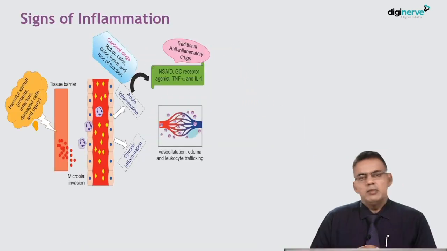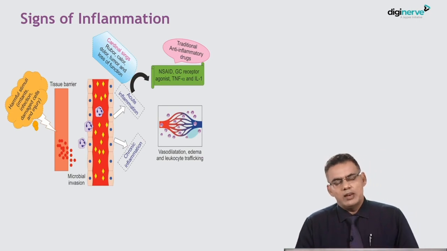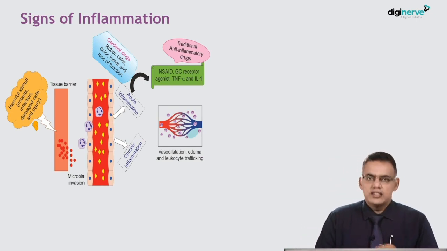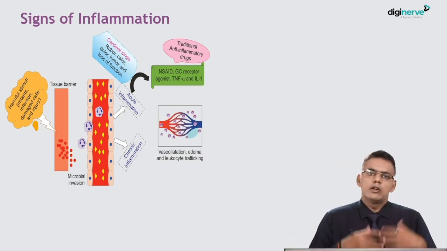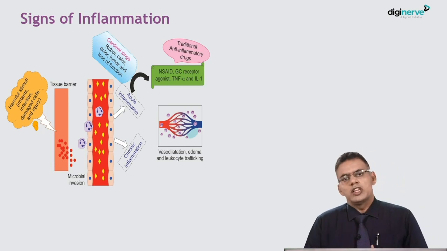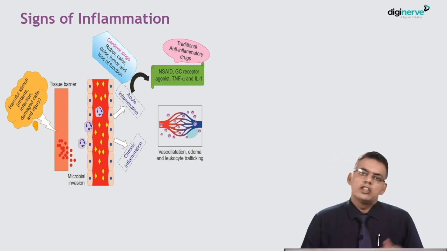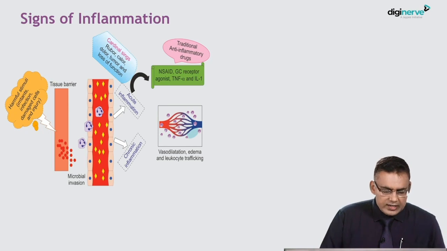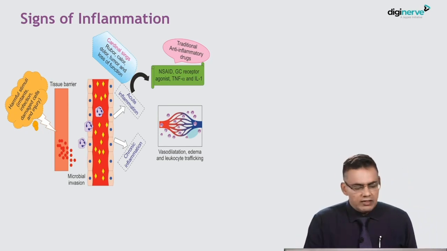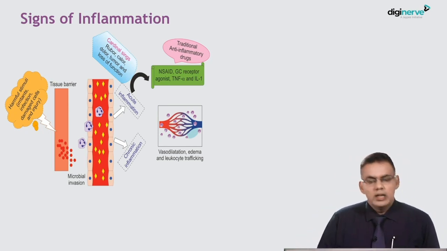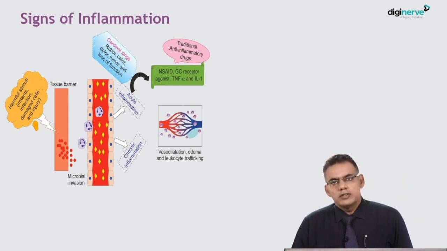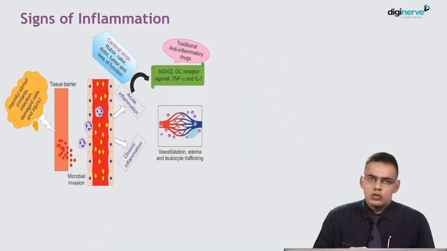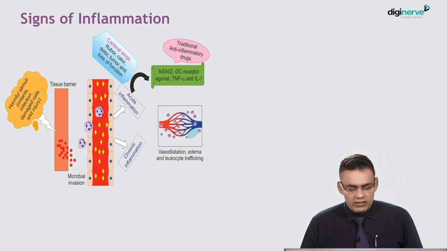In case of some infection which is able to cross this skin barrier, there is a cut, there is injury, there are environmental factors, heat applied because of hot weather, or burns because of exposure to heat, or frostbite. It results in the cardinal signs that I have just discussed: rubor, calor, dolor, tumor, and loss of function.